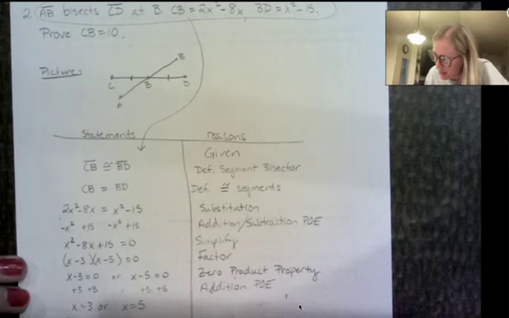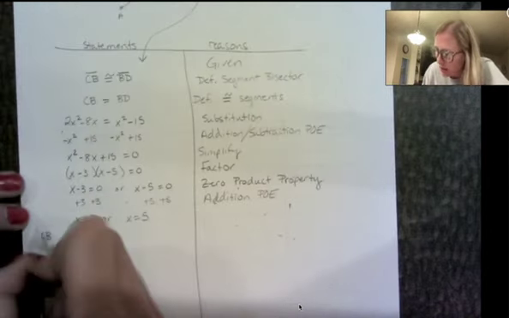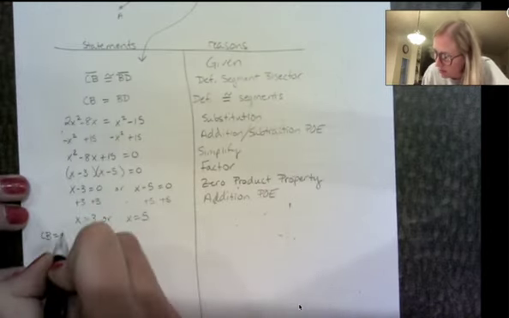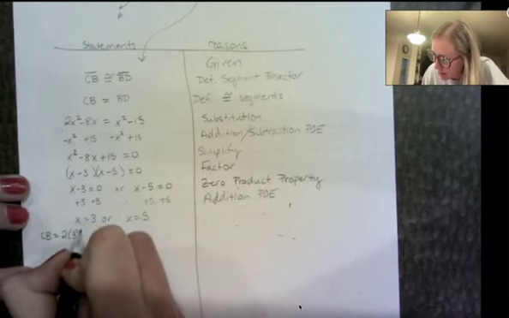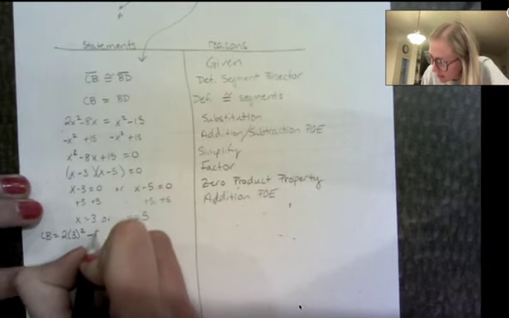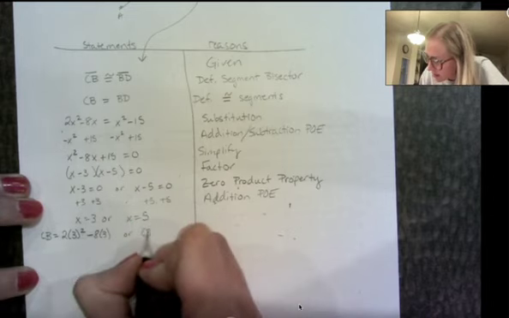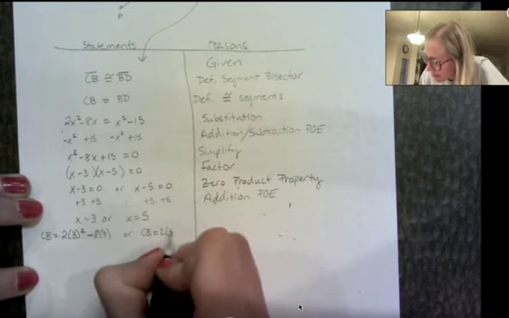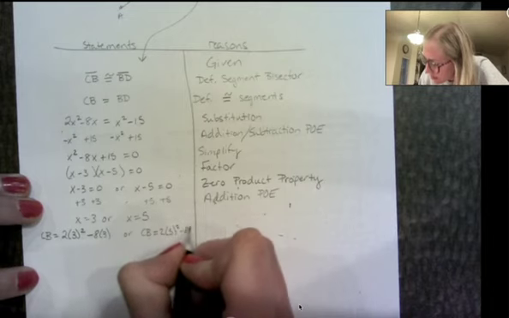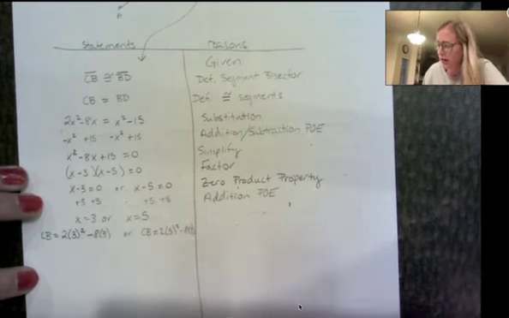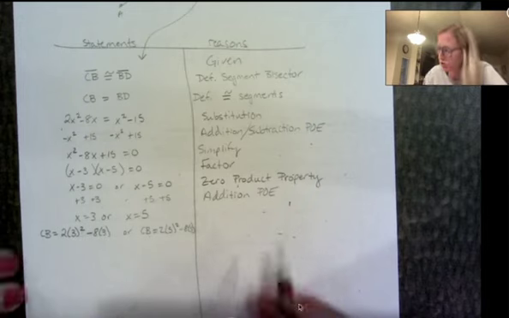So I'm going to say CB equals, okay, so I'm plugging this in up above. So I got 2 times 3 squared minus 8 times 3, or CB equals 2 times 5 squared minus 8 times 5. Okay, and so what I'm doing is I'm plugging in those 2 x values.